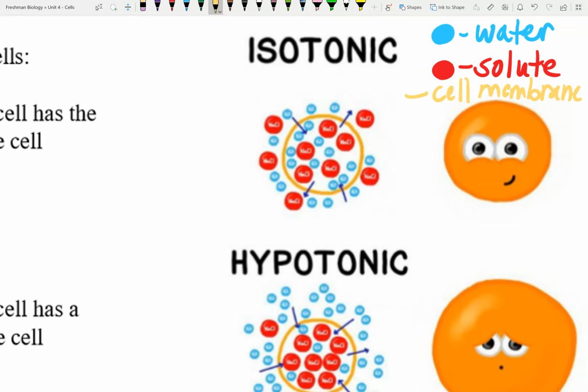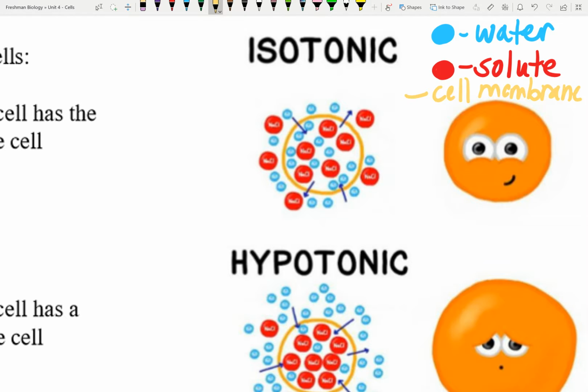Okay. So in this first cell, inside the cell where the cytoplasm is, it looks similar to the outside as far as how concentrated or how dense the little water molecules are and how much solute is dissolved in it.